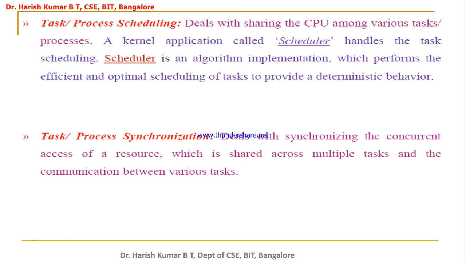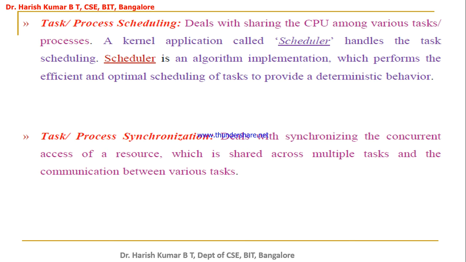Next, process scheduling: how the process gets scheduled for execution. The kernel has something called a scheduler. This is the one which is responsible for deciding which process should be allocated the CPU for execution. There can be a number of processes ready for execution, and the CPU is the only one which is present.